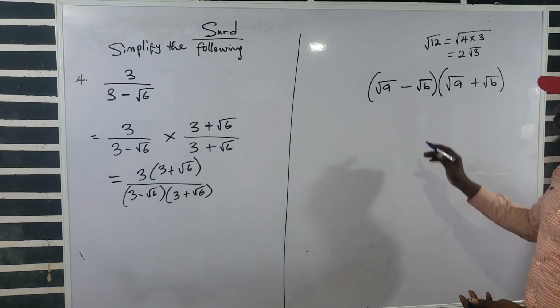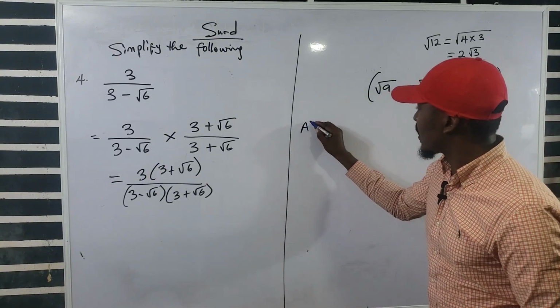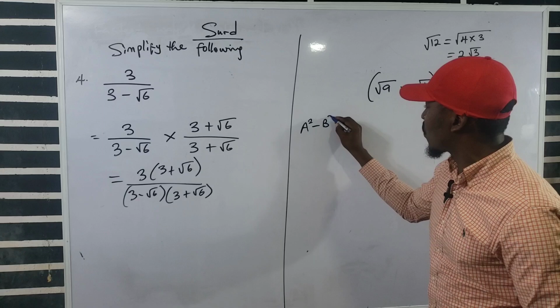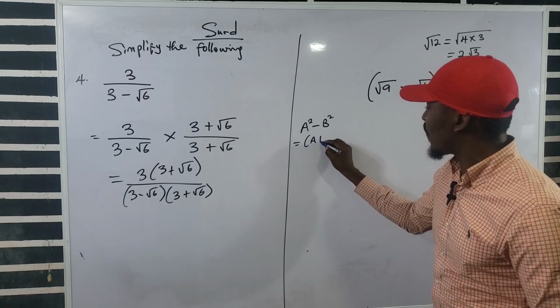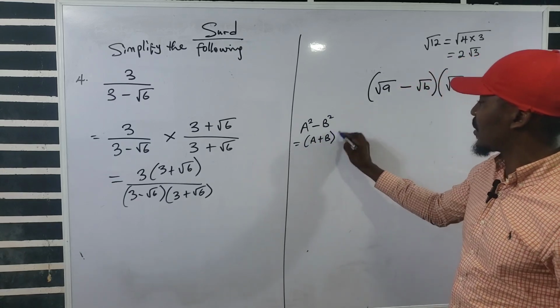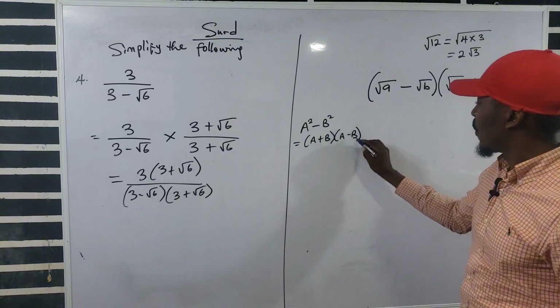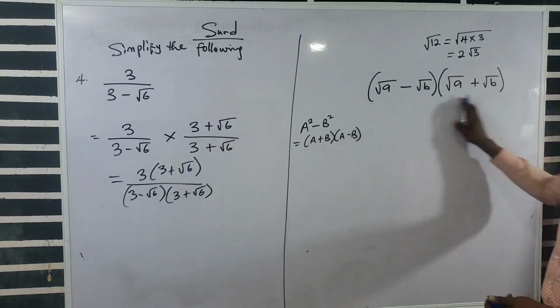And what is the difference of two squares? A square minus b square will give you a plus b times a minus b, whichever one you decide to come first. So this is a difference of two squares, and that's what you have here.